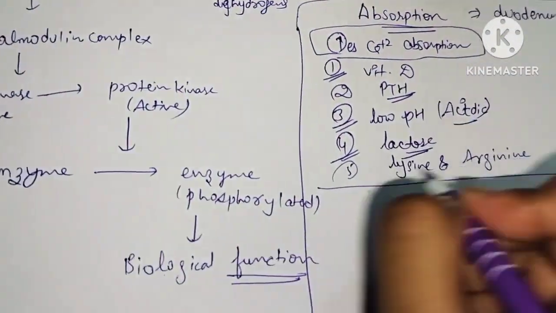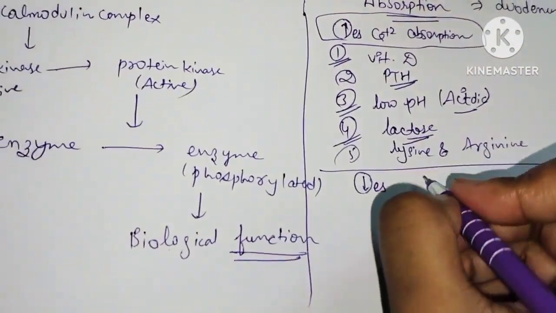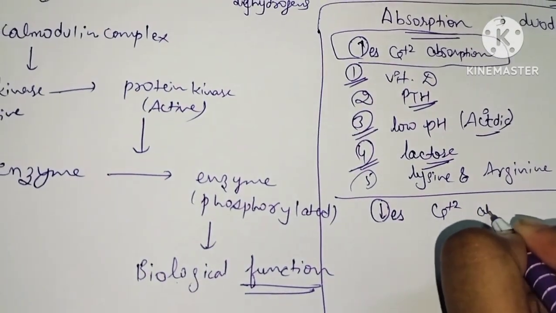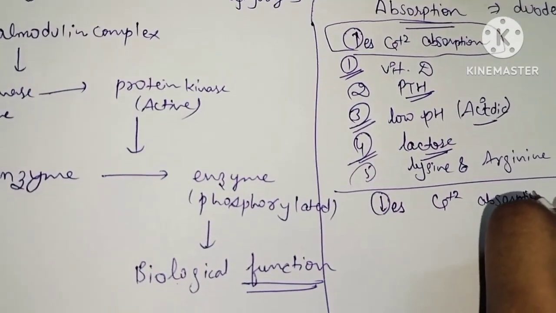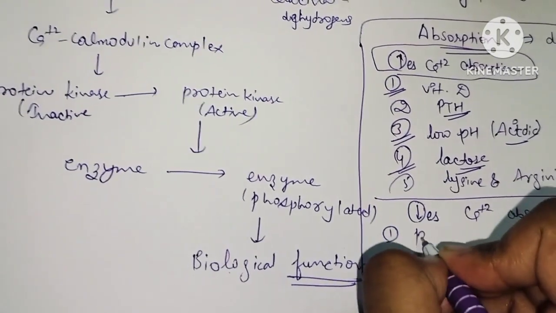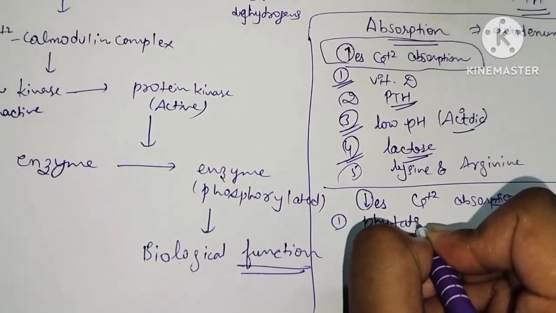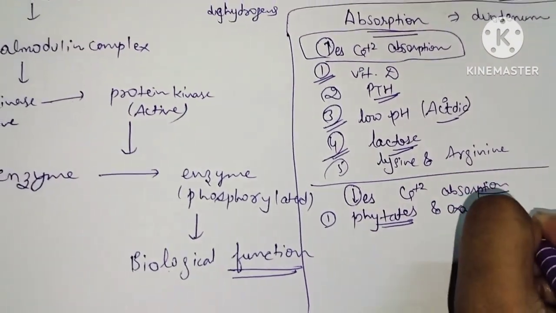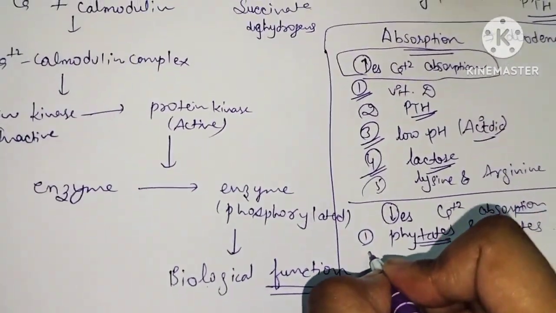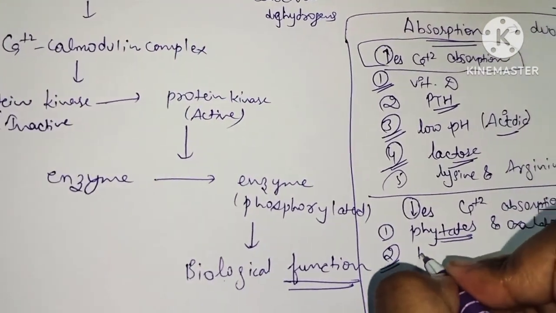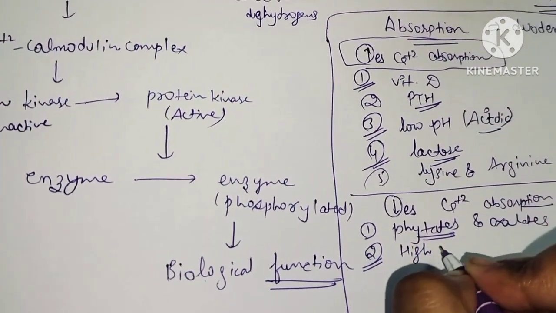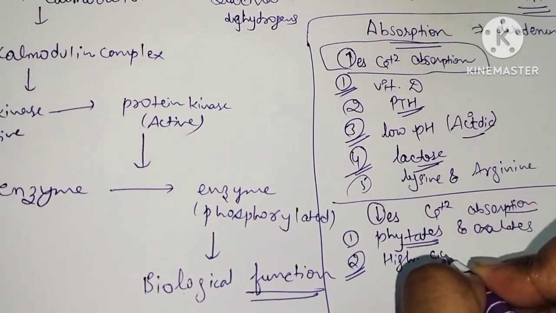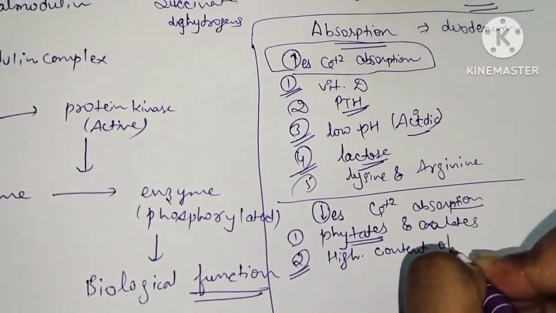Now discuss the factors which decrease calcium absorption. First is phytates and oxalates. The phytates and oxalates form insoluble salts and interfere with calcium absorption. Second is the high dietary content of phosphorus.